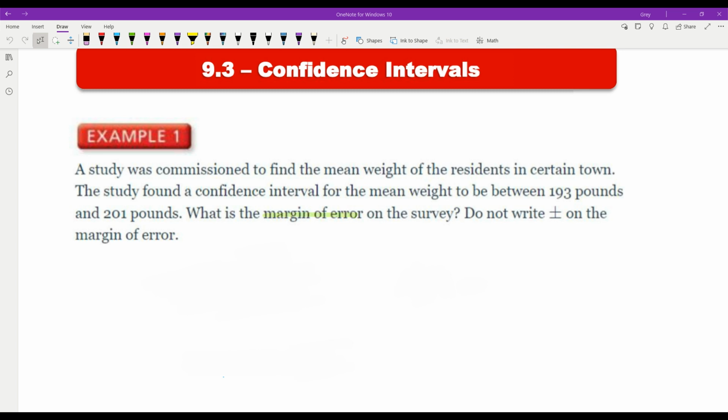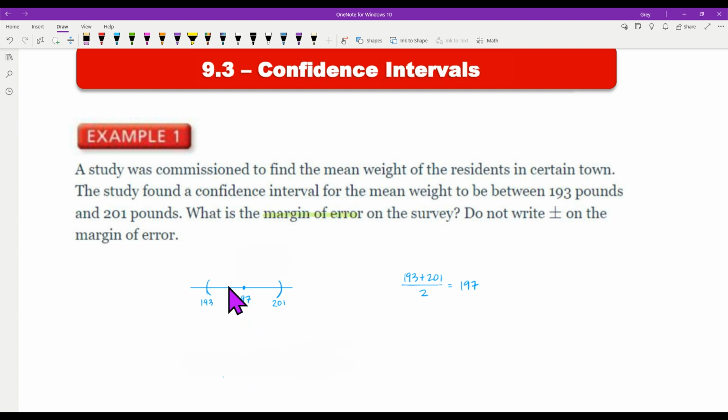If you think about it, you have an interval, and that interval goes between 193 and 201. We are trying to figure out what the margin of error is in that interval, so we need to know how far it is from the mean, or this middle point. So that's the midpoint: we take 193 plus 201, divide by 2, and we get 197.